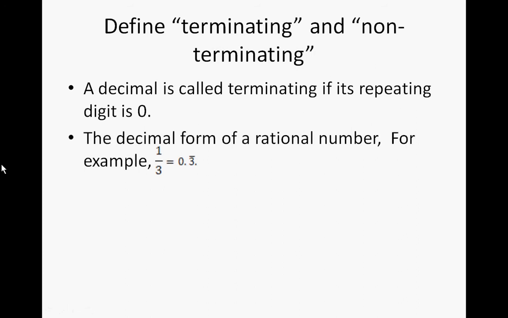The decimal form of a rational number, for example, 1 over 3 is 0.3 repeating, and we usually use the bar notation over the repeating digit. So a non-terminating decimal is a repeating decimal that is not 0. Alright, so let's go back to your journal.